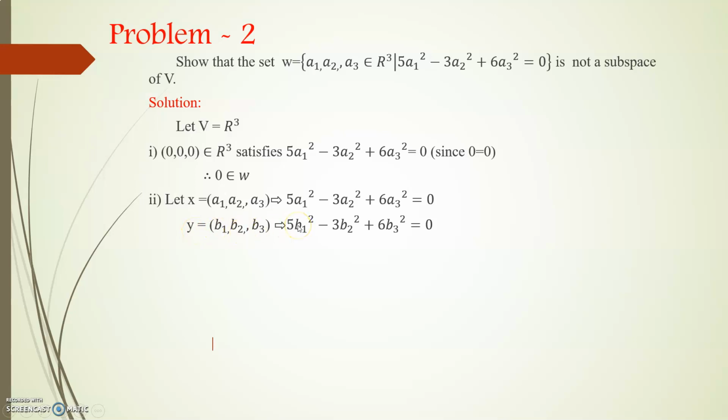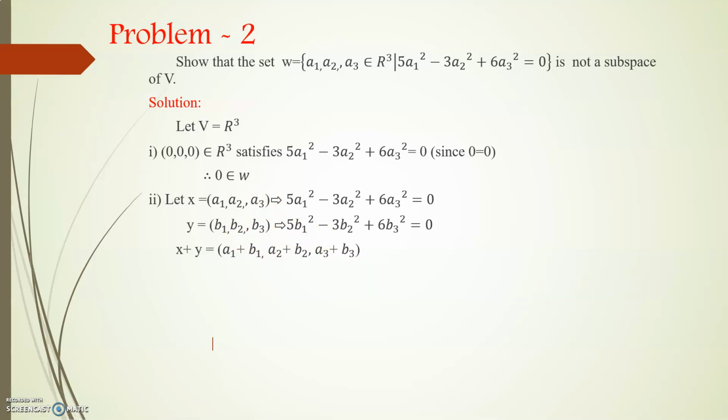So this can be written as 5b1 square minus 3b2 square plus 6b3 square equals 0. Now add these two elements: x plus y is equal to a1 plus b1, a2 plus b2, a3 plus b3.